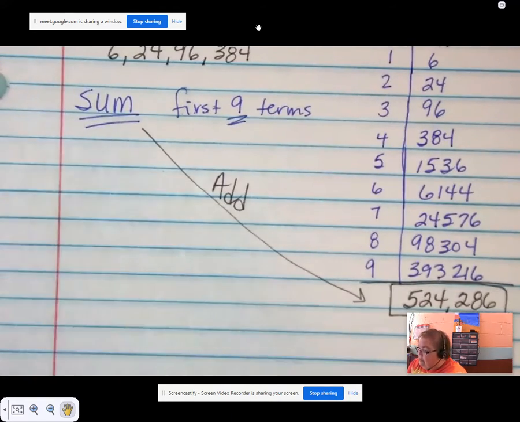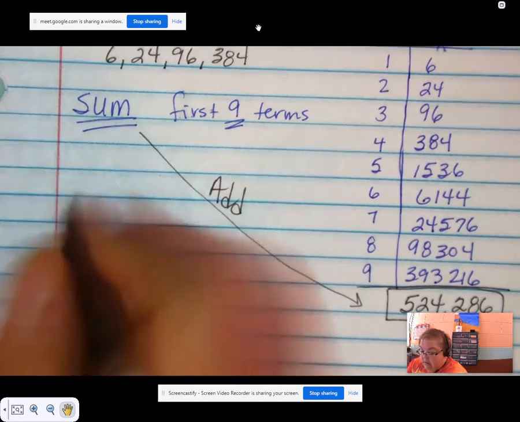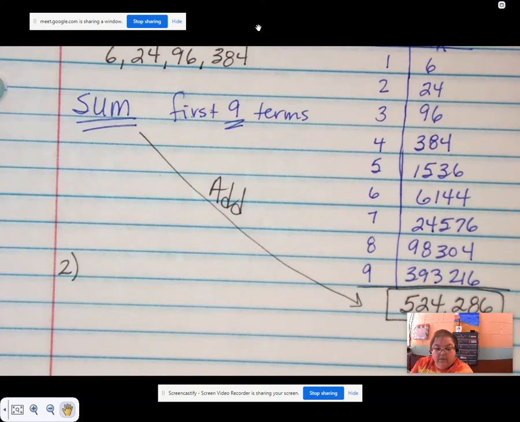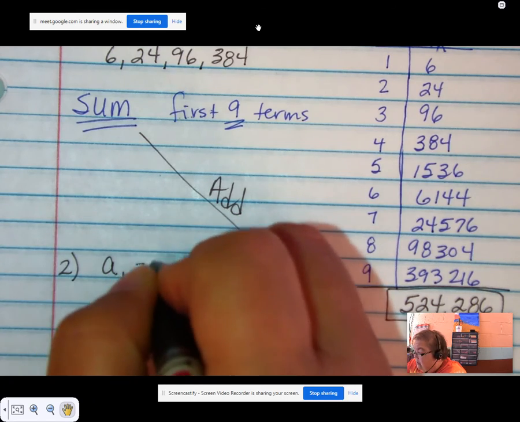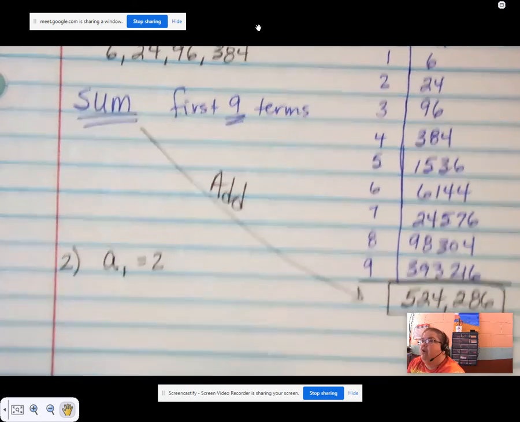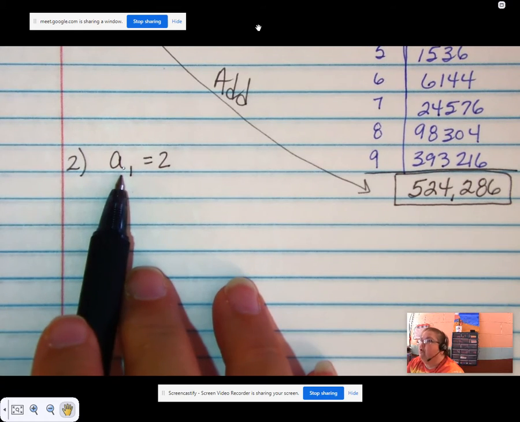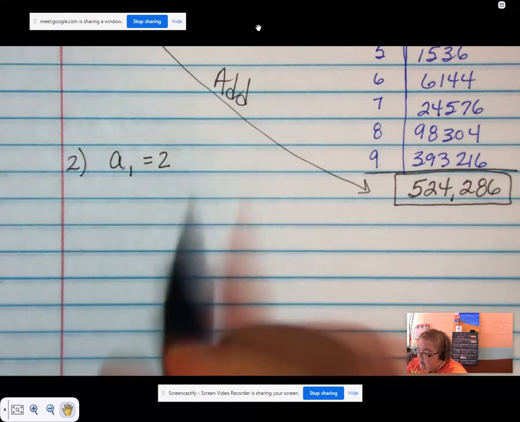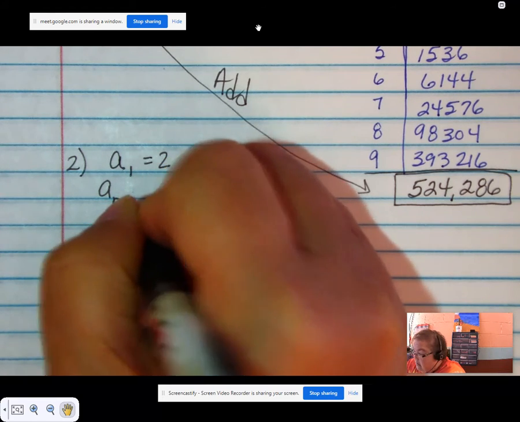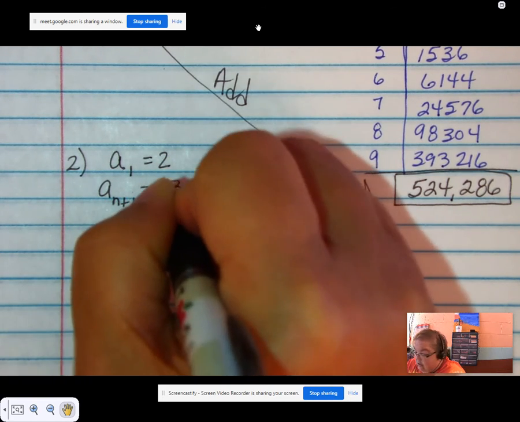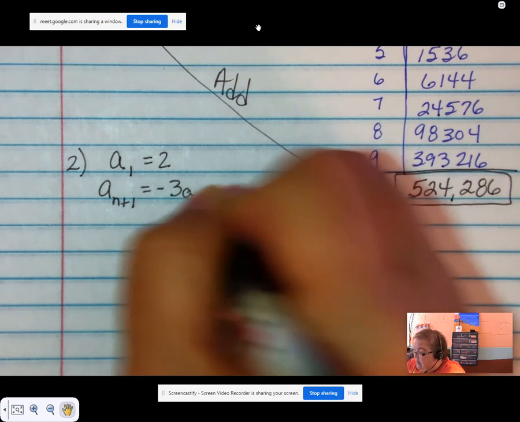All right, number 2 says, a recursive sequence is defined as A sub 1 equals 2. What does A sub 1 mean? First term. Then A sub n plus 1 equals negative 3 times A sub n.